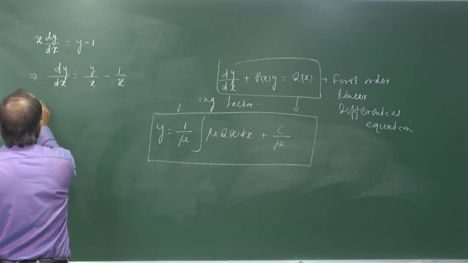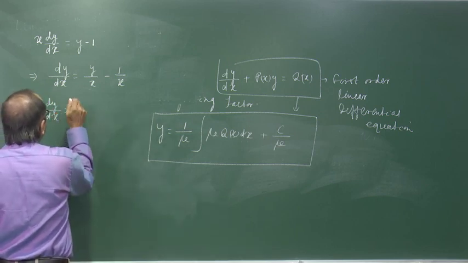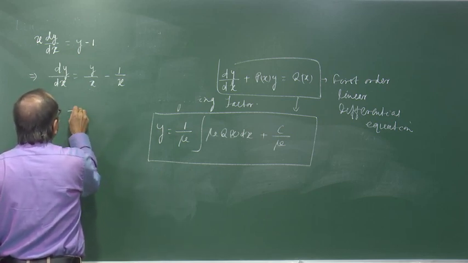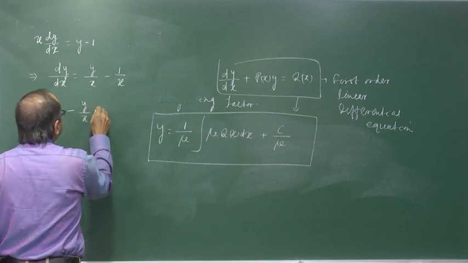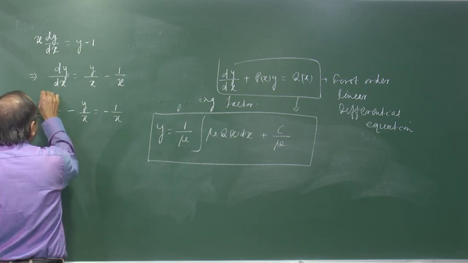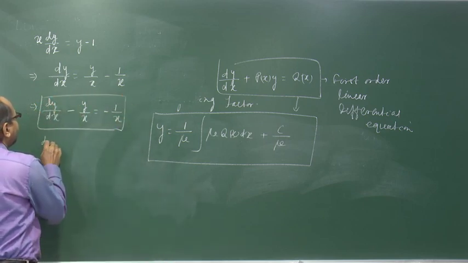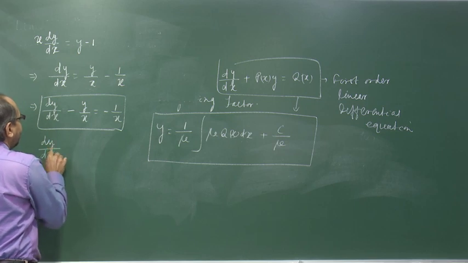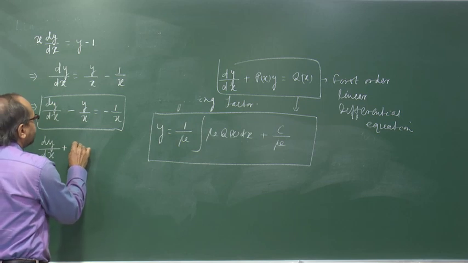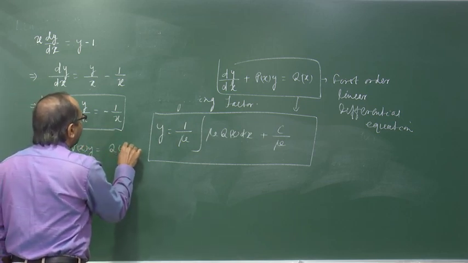This implies dy/dx minus y/x = minus 1/x. So, you can see that this equation is in the form of our standard first order linear differential equation, that is dy/dx + P(x) y = Q(x).